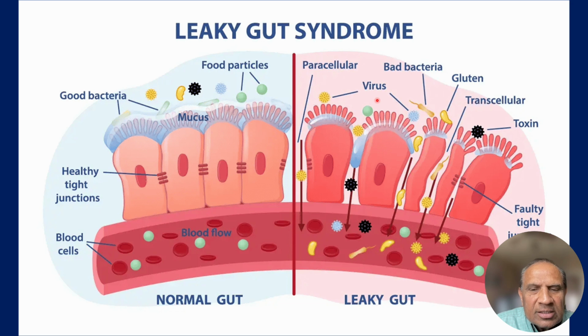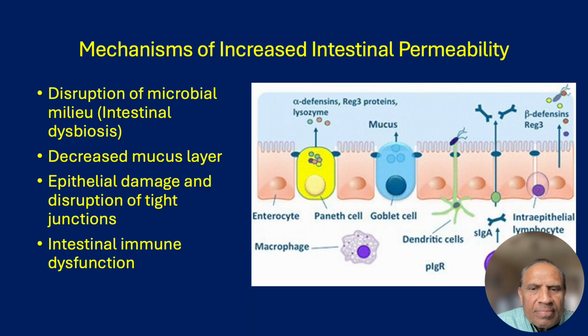So to understand intestinal barrier function and to see any defect in that, we'll have to go one by one through these entities. If we think about what might cause increased intestinal permeability, the first one is disruption of the microbial milieu or intestinal dysbiosis. There are different types of bacteria, or no bacteria, or bad bacteria. Second is decreased mucus layer. So this is the mucus layer. It is decreased in density or depth. Also it may not be as thick.